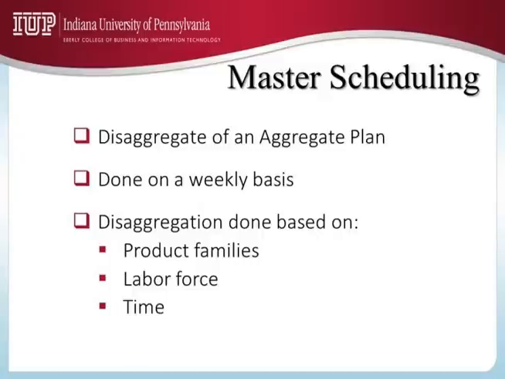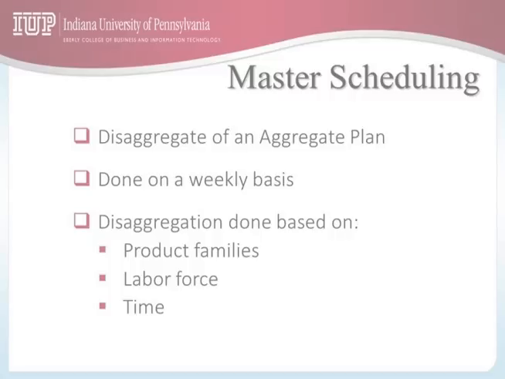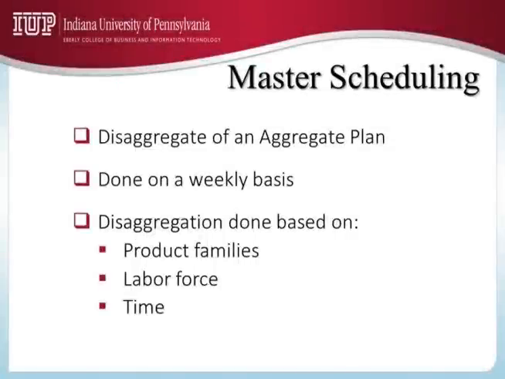So for example, if the aggregate plan is for furniture items, the master schedule will be disaggregating that into specific chairs, specific tables, specific desks, and so on. If the aggregate plan is for number of Ford vehicles, then the disaggregation or the master schedule will be for each of the models.